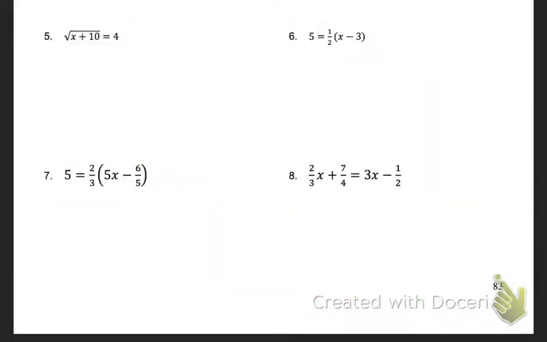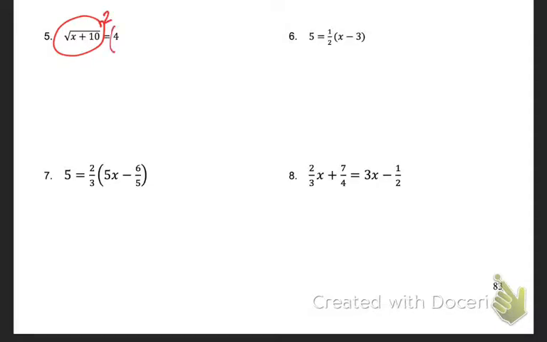Okay, number 5, just kind of looking at it, x plus 10 is in a square root, and I want to isolate the x. So this whole thing is square rooted. If I want to get rid of this square root, what's the opposite of square rooting something? Squaring.